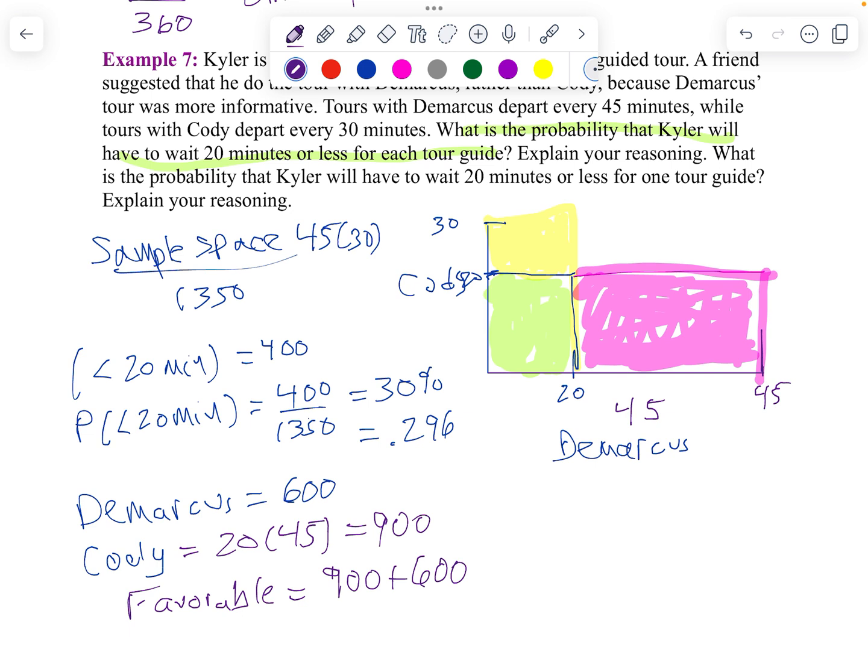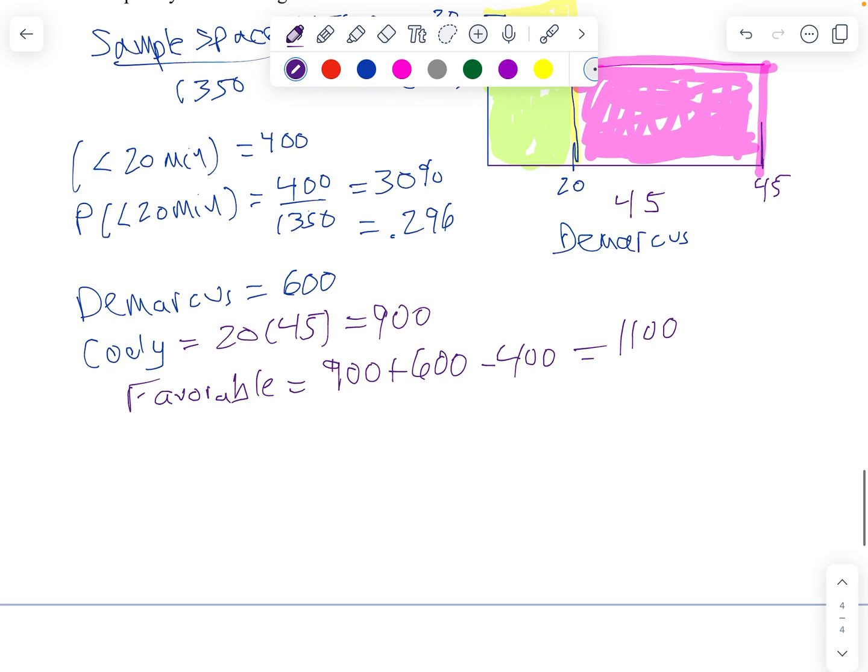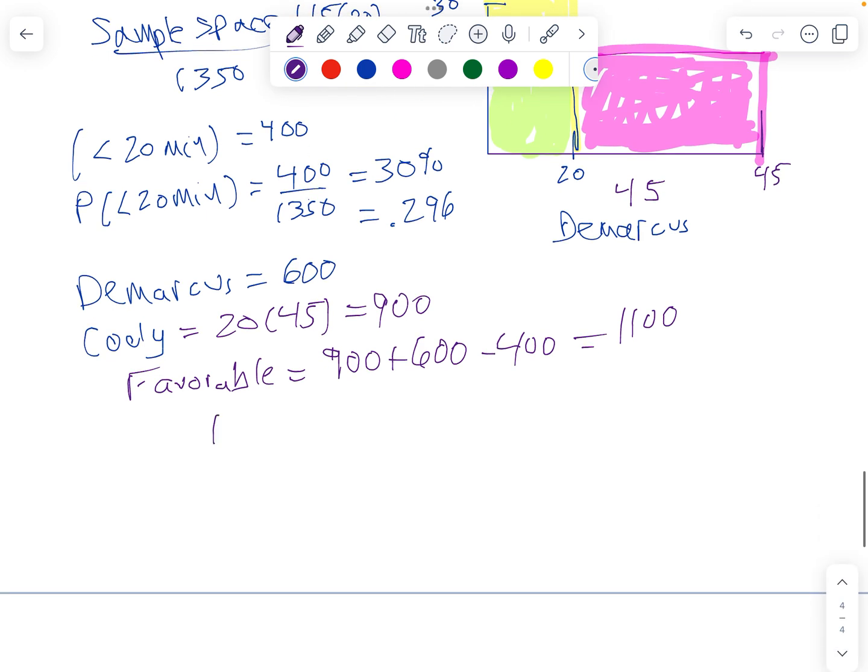But I included the green rectangle twice, so I'm going to subtract off its area, which is 400. So when I do that, I will get 1,100, won't I? So then we'll take 1,100 divided by 1350.